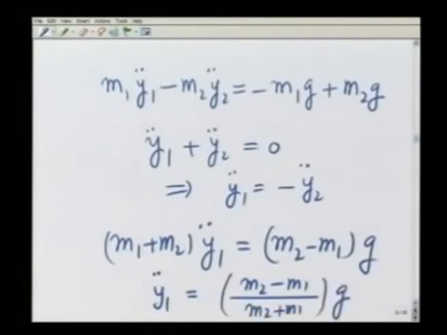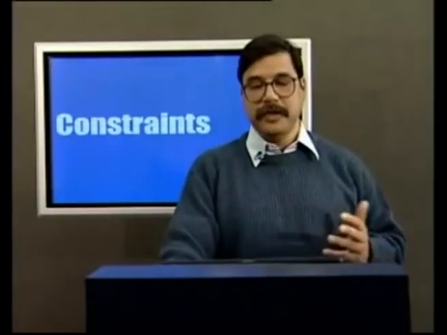A result you already know. If m2 is heavier than m1, then y1 double dot is up, and that is precisely what I am getting. You see, I did not make any assumption about m1 or m2 being lighter or heavier. The results automatically popped up.